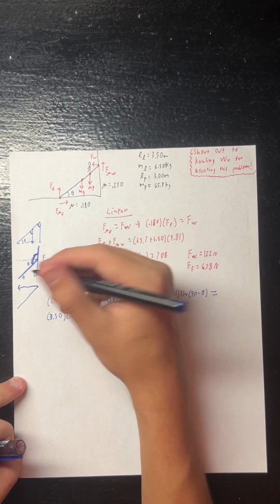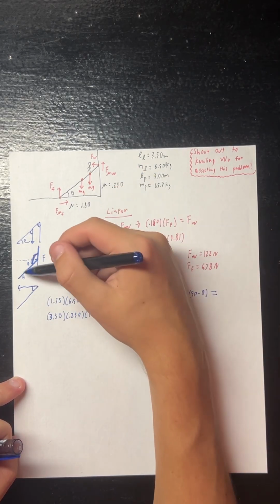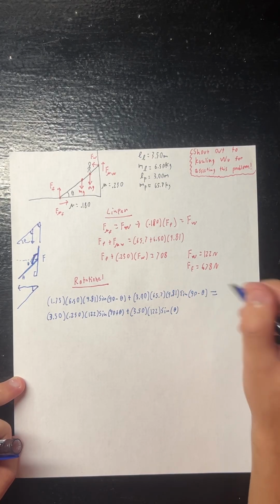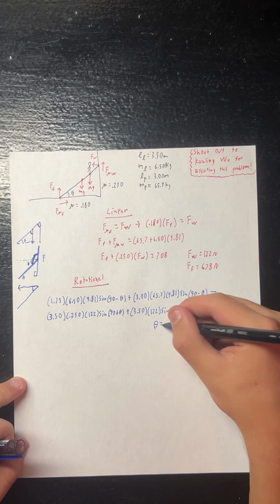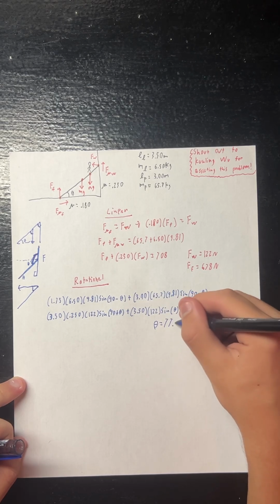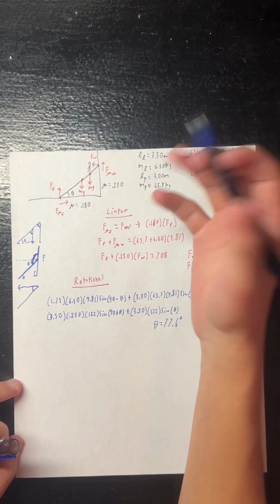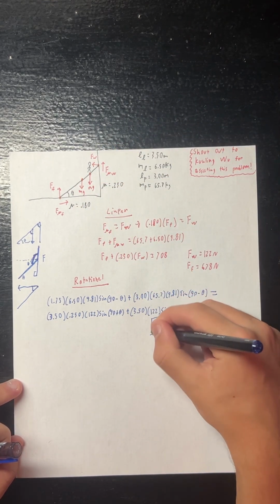That is the direction. So what angle is it? It is this angle. And once again, what is that angle? Well, we solved it here. It is theta. So sine theta. Now, what we do is just use a numeric solver, and you get theta equals 77.6 degrees. That is the minimum theta to keep this wall, ladder and person at equilibrium. And that is how to do a question like that.